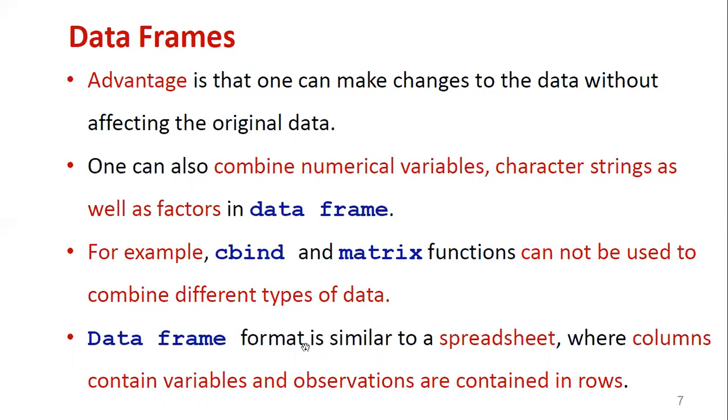Whereas the data frame format is similar to a spreadsheet, where columns contain variables and observations are contained in rows. This is not possible in cbind and matrix functions. This is another advantage of data frame.